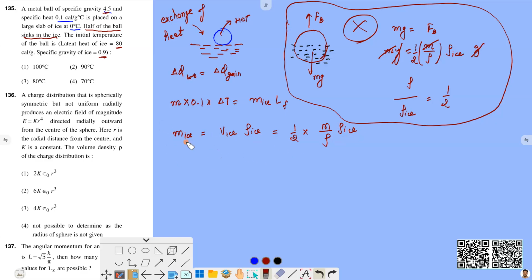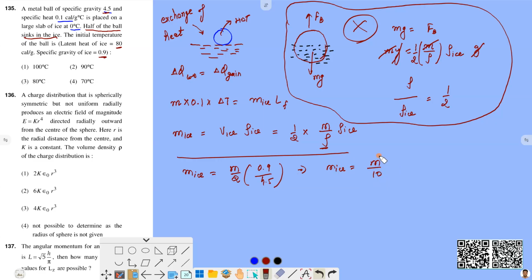Now from this relation we can write that m ice is equal to m by 2 into density of ice, that is relative density 0.9, by density of ball, that is 4.5. So from this, m ice is equal to capital M by 10.